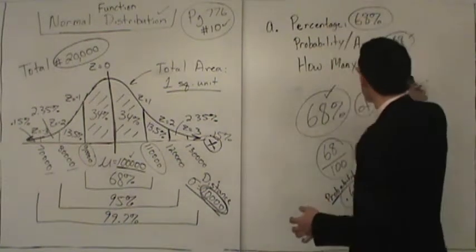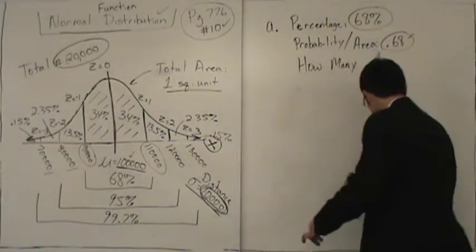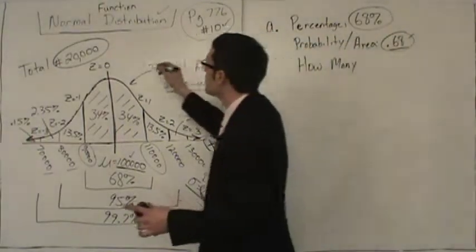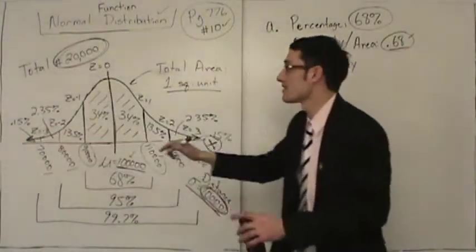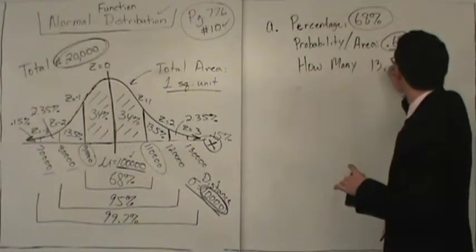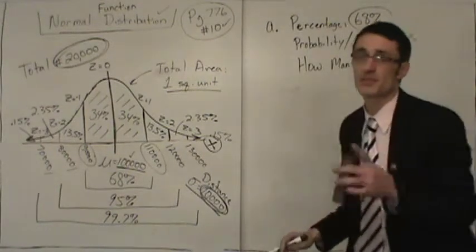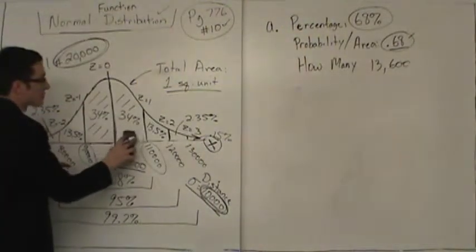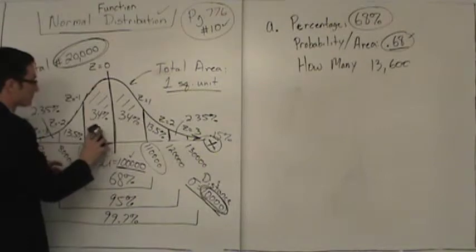So to find how many batteries, take your probability, 0.68, and multiply by the total number produced, 20,000. You can use your calculator. 0.68 times 20,000 gives 13,600 batteries produced. So most of the batteries produced, 68% of them, more than half of them.